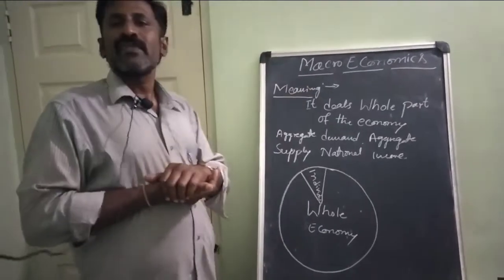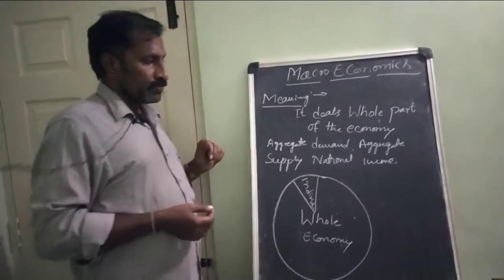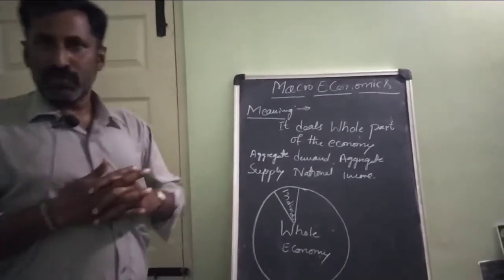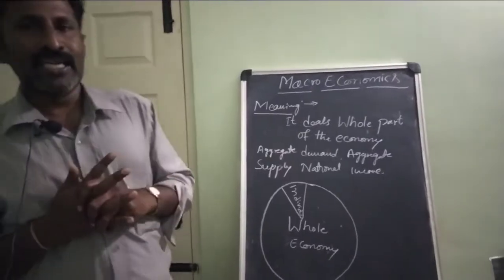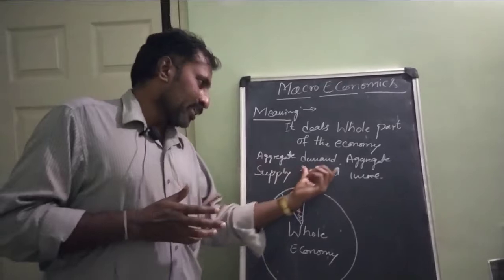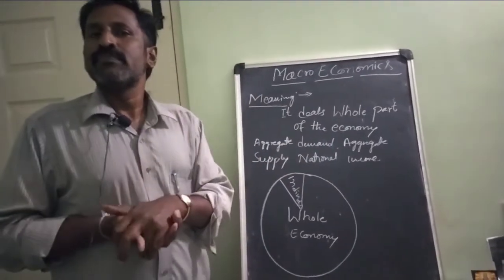For example, national income. Income of a consumer, a person, a community or a society is different, but national income is the country's income.